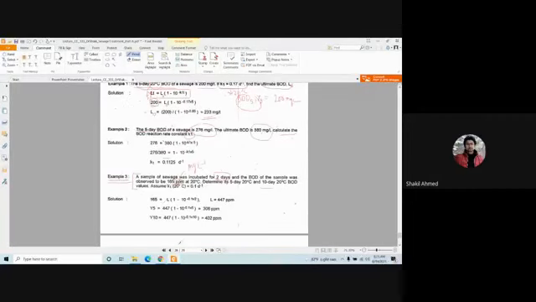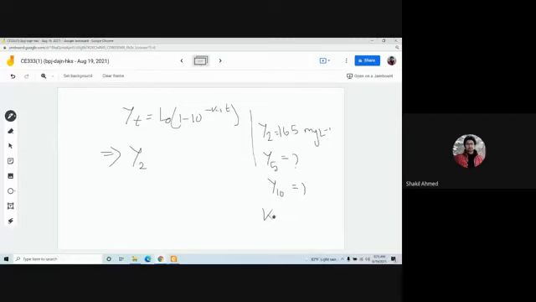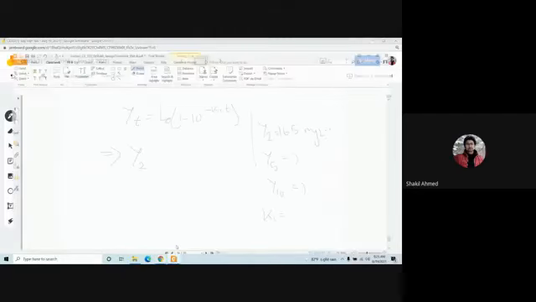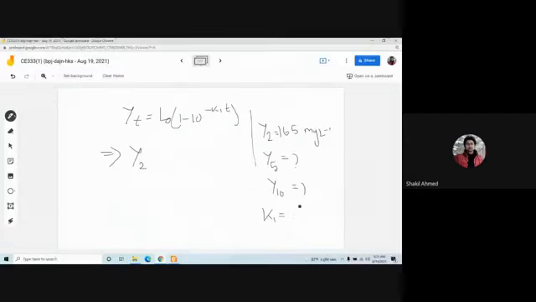Assume K1 equals this. So K1 is given, also at 20 degrees Celsius, 0.1 per day.